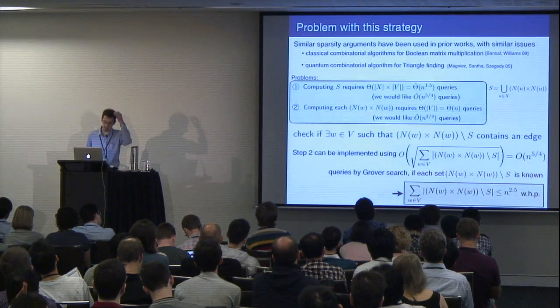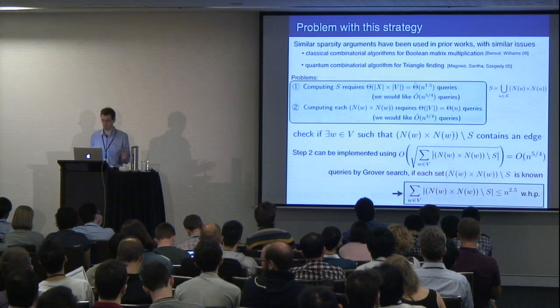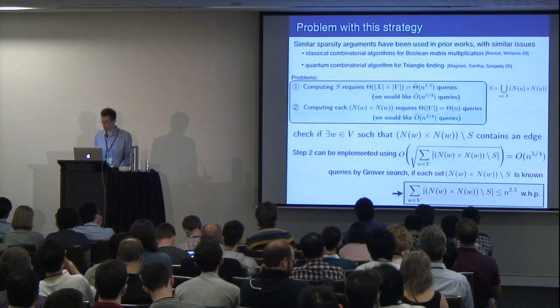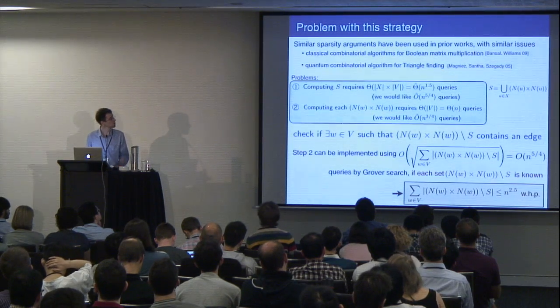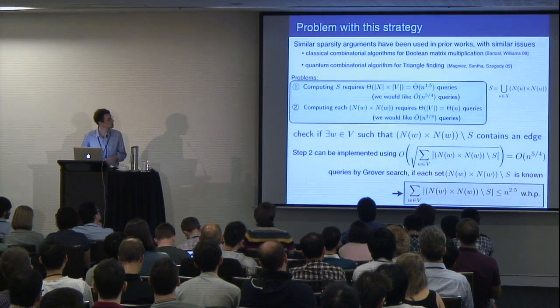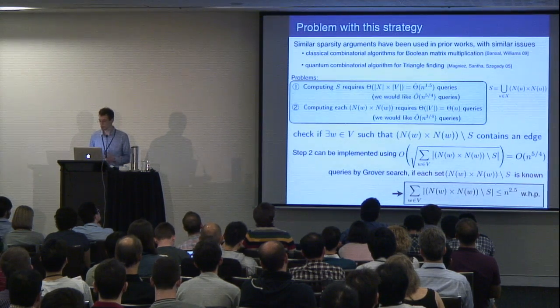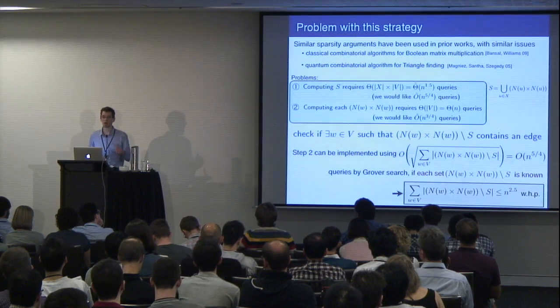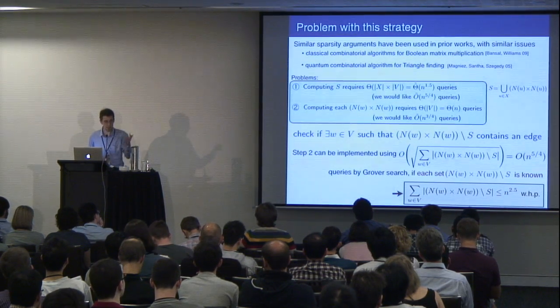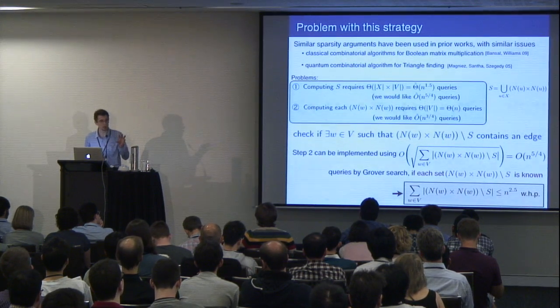And I should note that similar sparsity arguments have been used in prior work. So for example, in the classical combinatorial algorithm for Boolean matrix multiplication, and also the quantum combinatorial algorithm for triangle finding by Magniez, Santha, and Szegedy. And all these prior works have the same problem: they reduce the problem to some search over some sparse sets, but it was unclear how to construct these sparse sets efficiently.